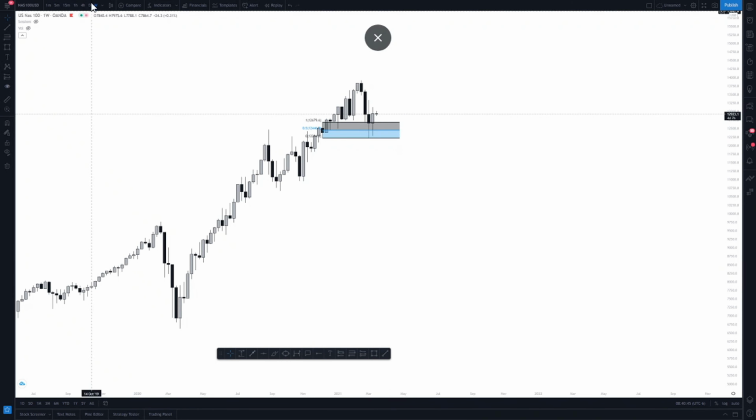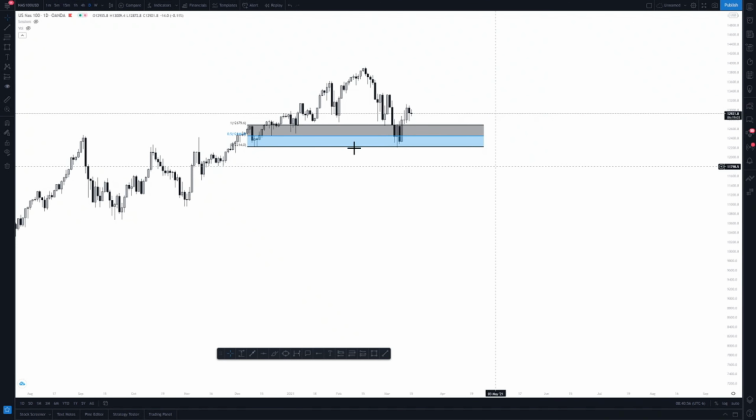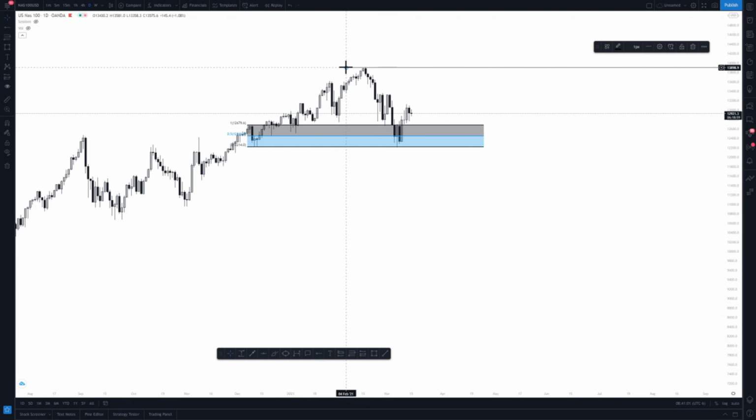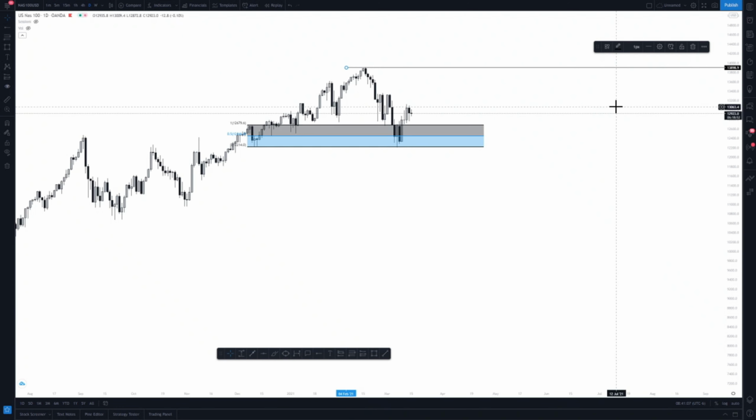Let's just go to our daily time frame. On our daily time frame, we can see that the market has already shifted to the upside. We have our daily high, which will be our first take profit, because as you can see, the momentum is bullish, guys.